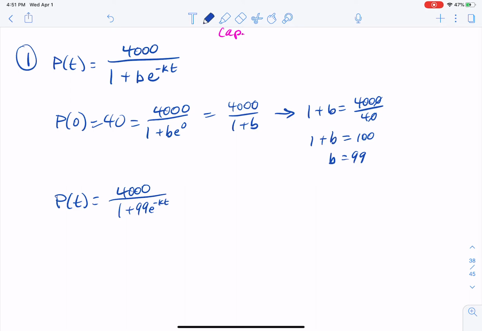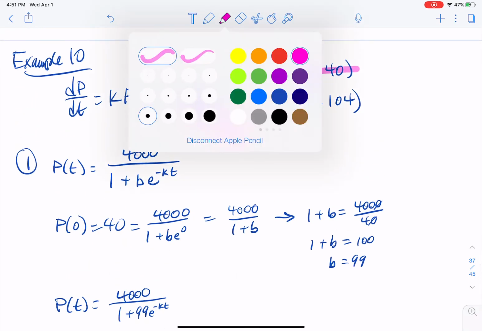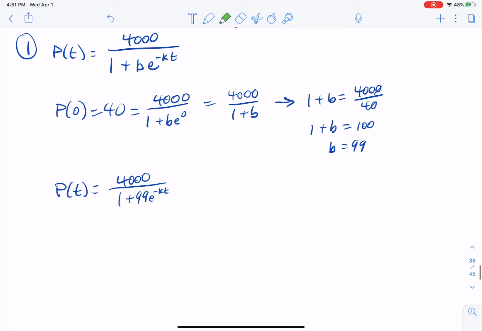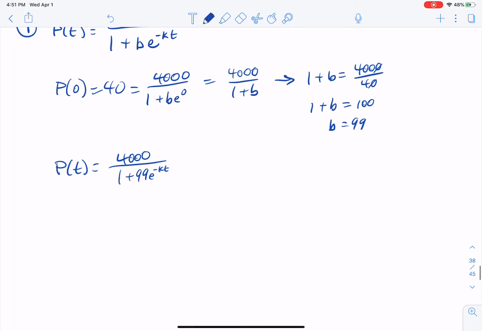Now the next thing I need to do is use the second point that they gave me and plug that in, this time for both P and t, and then use that to solve for our k value. So P of 5 is equal to 104, which is 4,000 over 1 plus 99 e to the negative 5k.